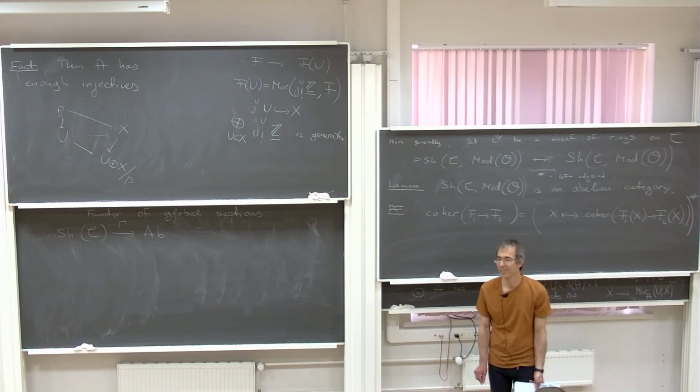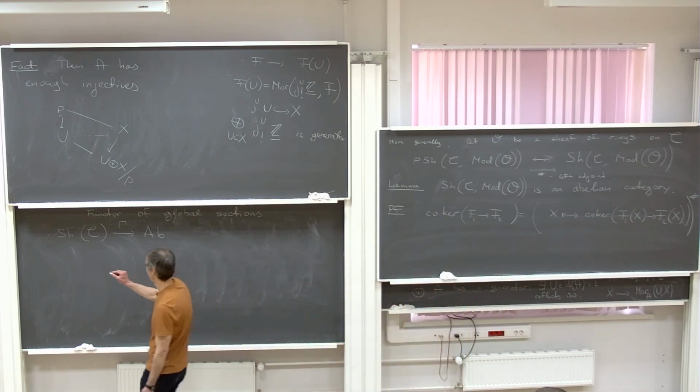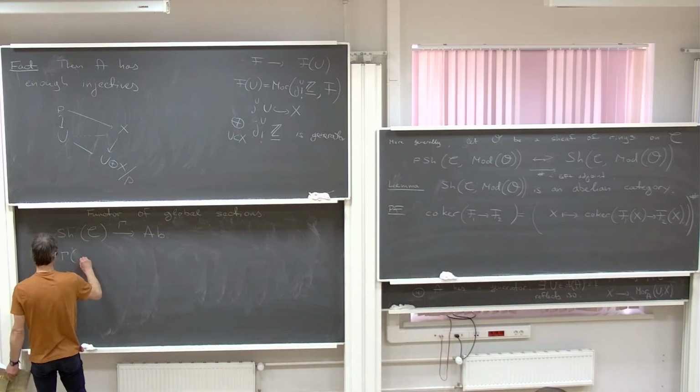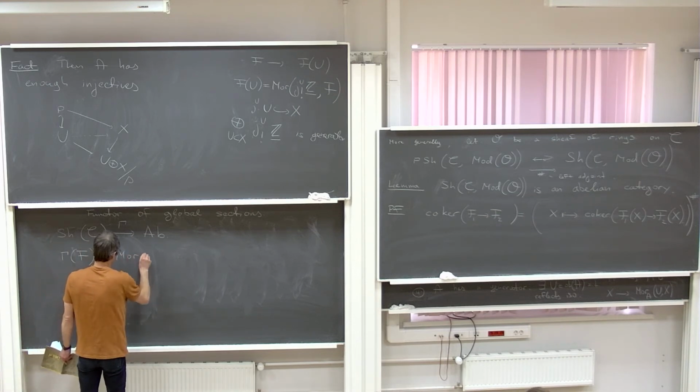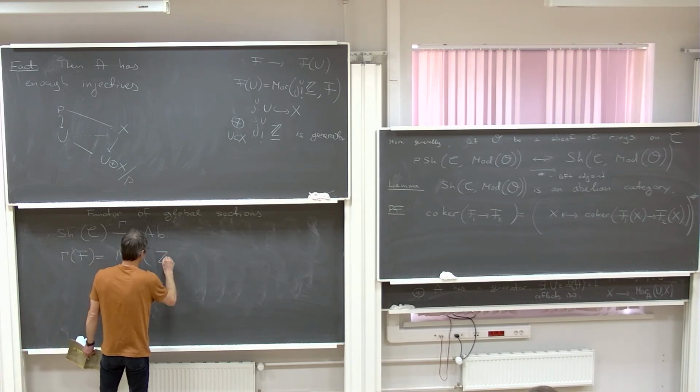Very good. So Gamma of F is defined as morphisms from the constant sheaf.